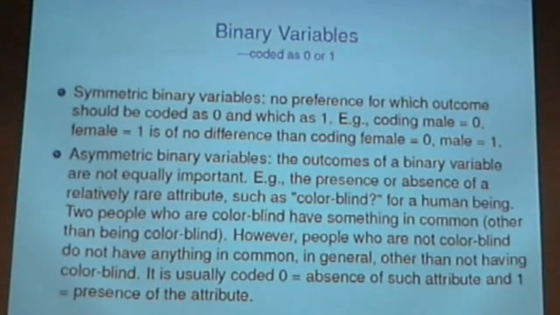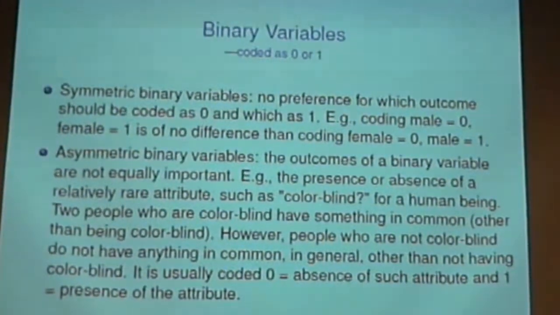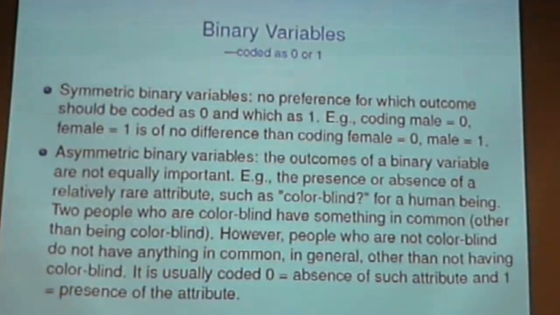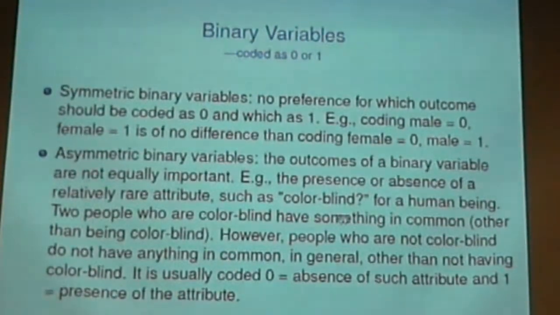The definition is like this: the outcomes of a binary variable are not equally important. For example, the presence or absence of some very rare event or attribute, such as being colorblind or not for human beings. Let's say two people who are colorblind have something in common other than their being colorblind.